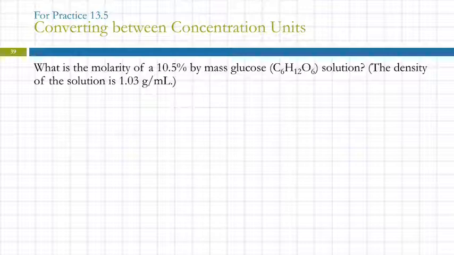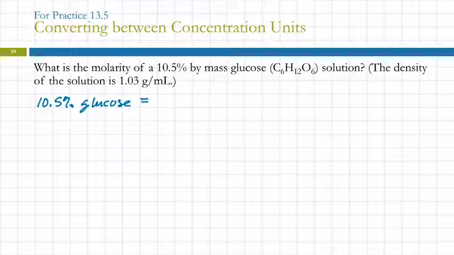What's the molarity of a 10.5% by mass glucose solution? We need the density. Density is 1.03 grams per milliliter. Okay, so let's write down the numbers. We have 10.5% glucose. And percent means parts per 100 parts.